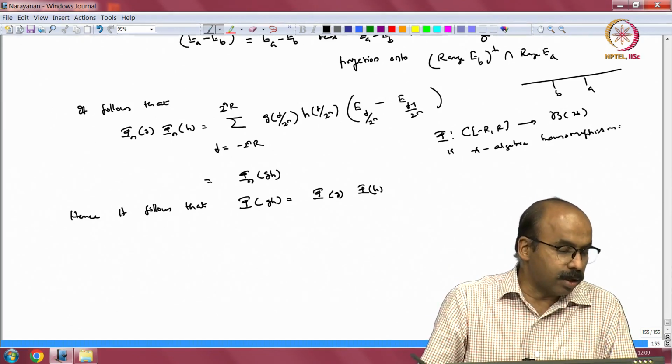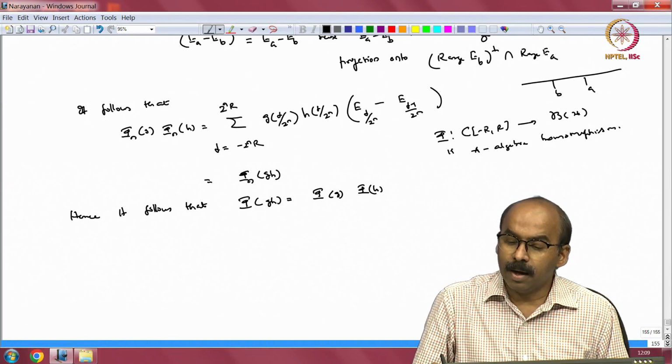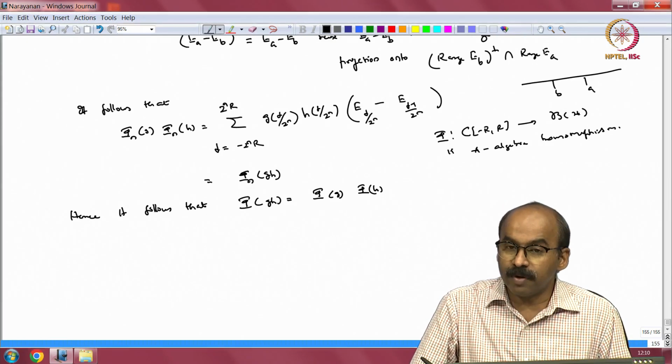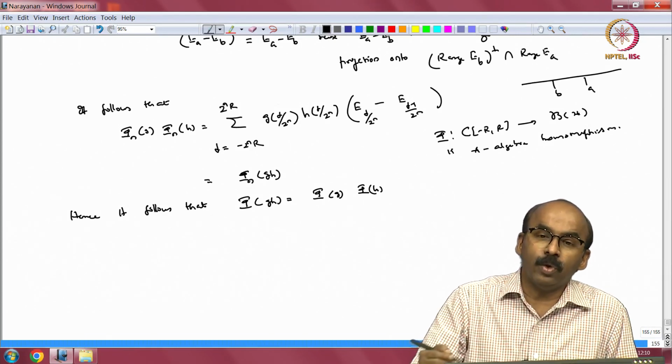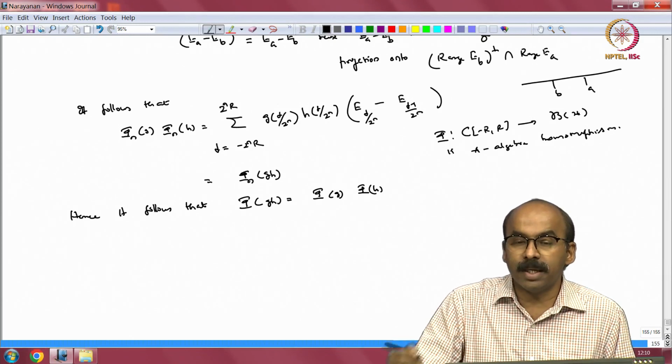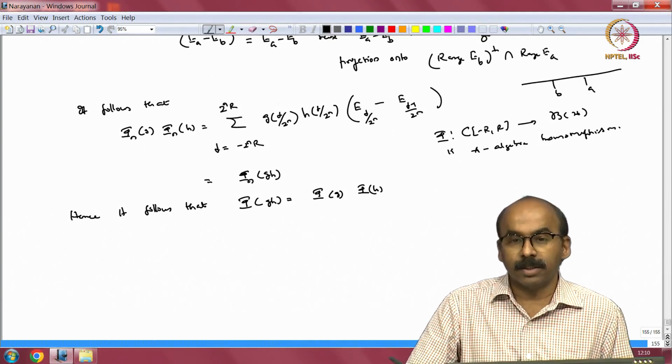So, all that we have done, starting from a resolution of identity, we managed to look at these Riemann sums and prove that the limit exists. Okay. So, that is going to be the integral with respect to the resolution of identity.